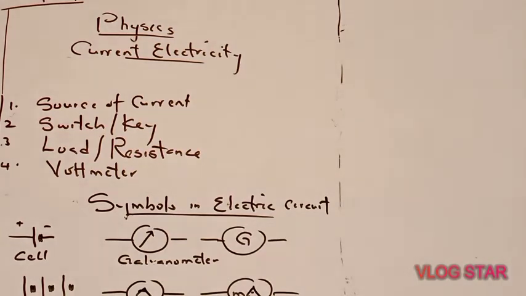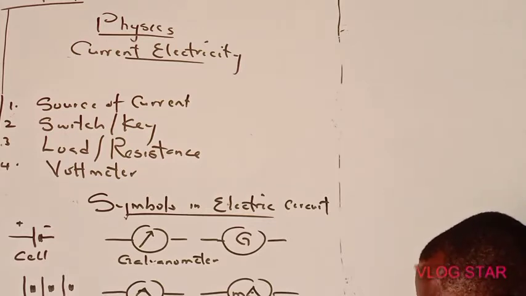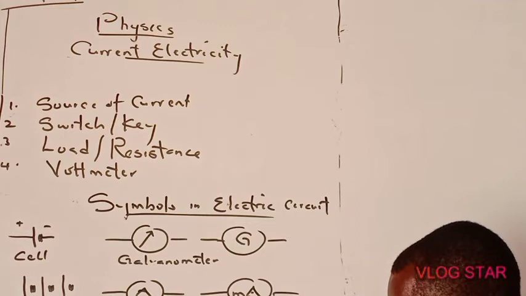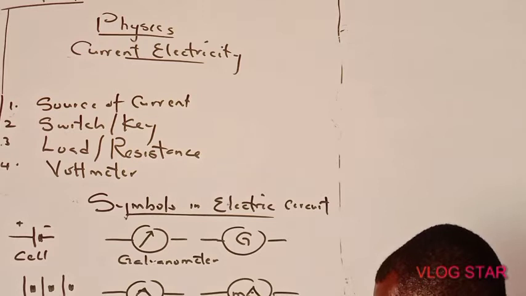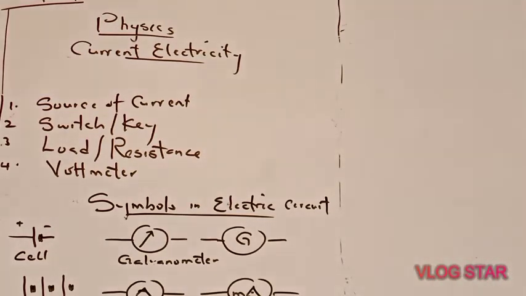But if you now add something like this, this is called rheostat. Now this could be resistance. Normally we have it, but because we don't usually add this, it will be resistance. But if we now add something like this with R, we call it resistor box. So let's add this in our notes.